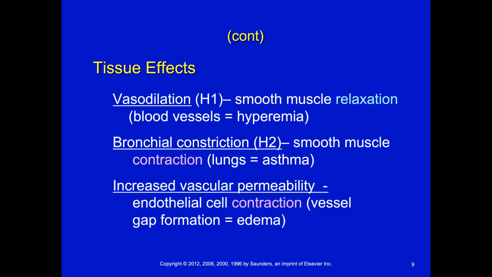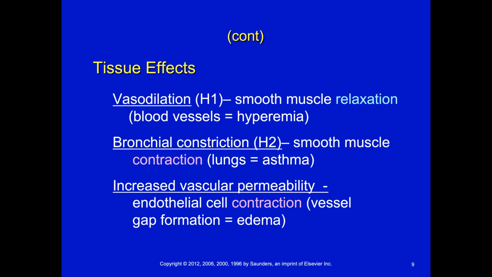So tissue effects with H1 receptors, we get that vasodilation. That's when the smooth muscles relax around the red blood cells. And then you get hyperemia. That's when the blood starts to accumulate in the tissues. H2 receptors are associated with bronchial constriction. So here the smooth muscles contract.